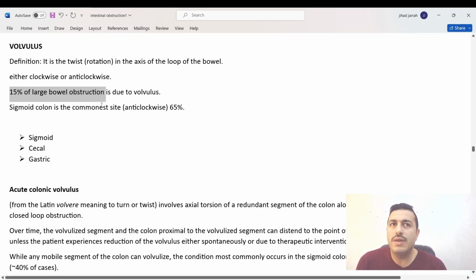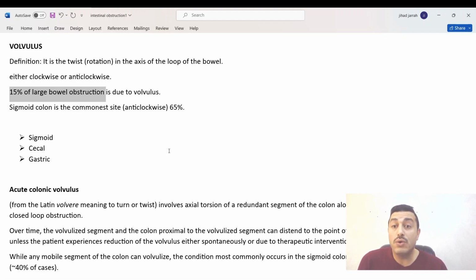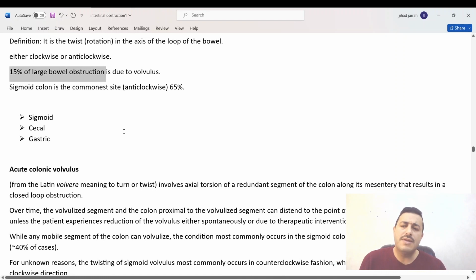It's redundant with a narrow mesentery, so it can be floating. So sigmoid is the most common site, standing for about 60%, while cecum is the second most common site, at about 40%. The topics which we are going to discuss are sigmoid volvulus, cecal volvulus, and gastric volvulus.